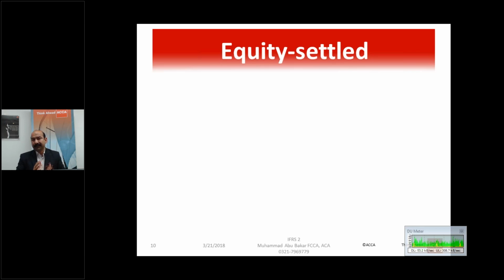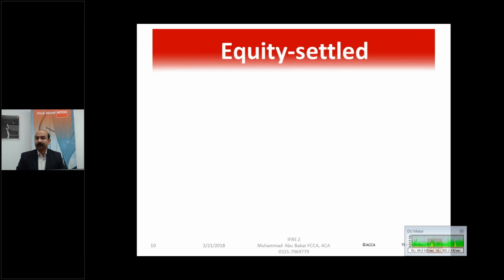How we will be treating it initially, what will be the entries subsequently, how we will make the calculations initially, and how we will make the calculations subsequently.